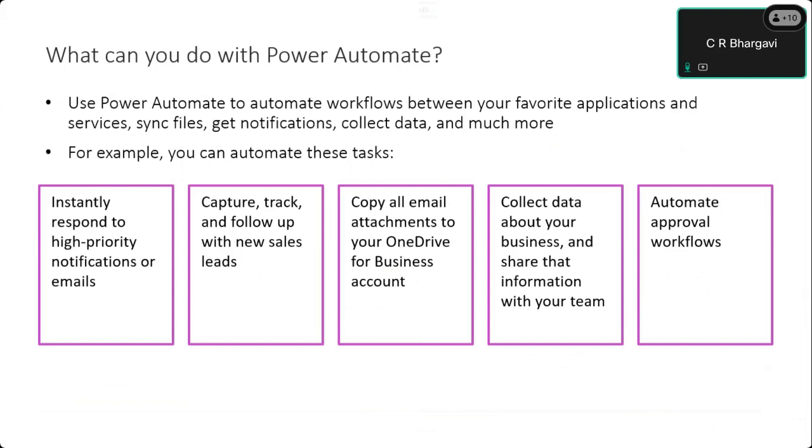For example, when we want to respond to a high priority notification, we can use Power Automate. Or if we want to capture and track the things that are mainly repetitive, we will be using Power Automate, because the robotic process automation's work is to minimize your work, right? So the repetitive task can be automated.